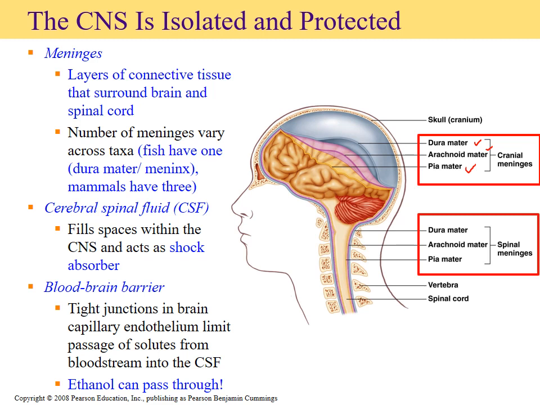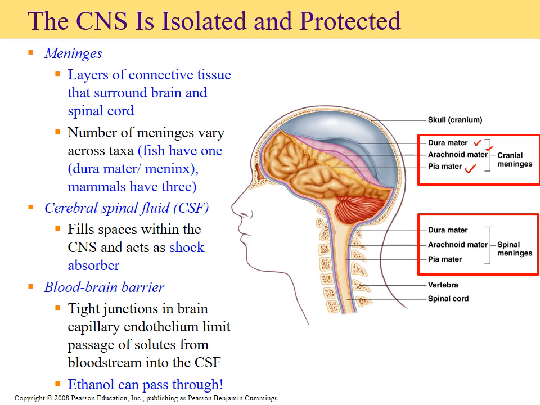Most solutes will require specialized carrier transports. This is one of the reasons why it is very difficult to develop medication that has to have an effect on the brain or any part of the central nervous system. The blood-brain barrier often has to be taken into account if the medication and its components are to pass through.